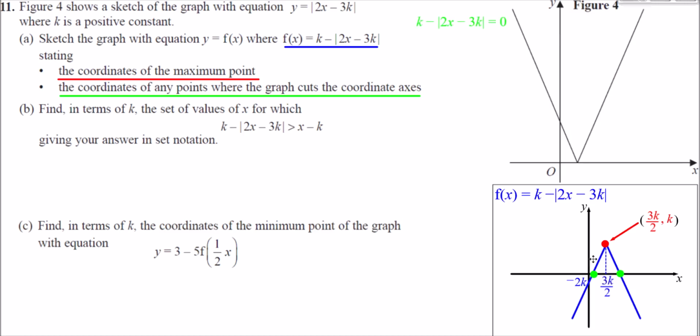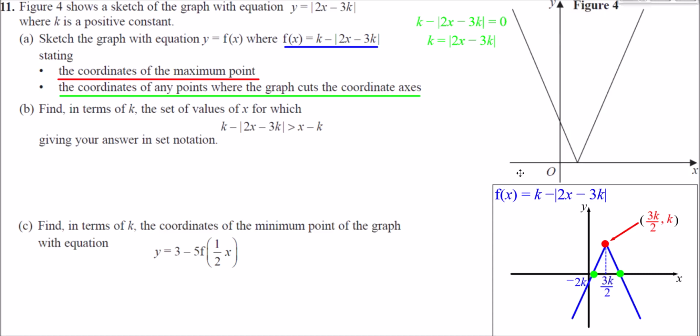Obviously we need to solve when it crosses the x-axis. It's when f of x is equal to 0. So I'm going to set k minus mod of 2x minus 3k equal to 0. If I now add this modulus to both sides of the equation, I can see that k must equal mod of 2x minus 3k. Now I'm going to consider that my x value is on the right-hand side of that red dot.